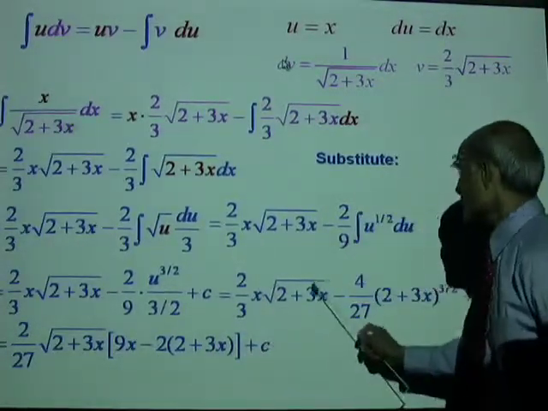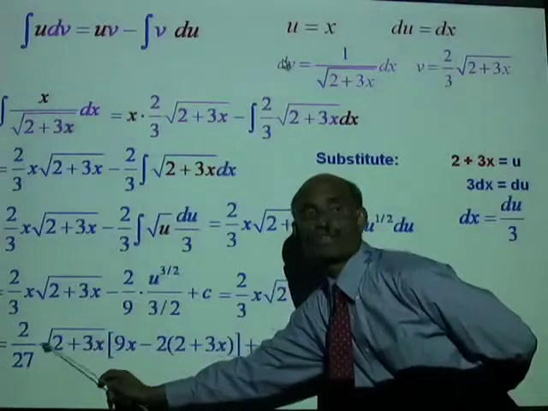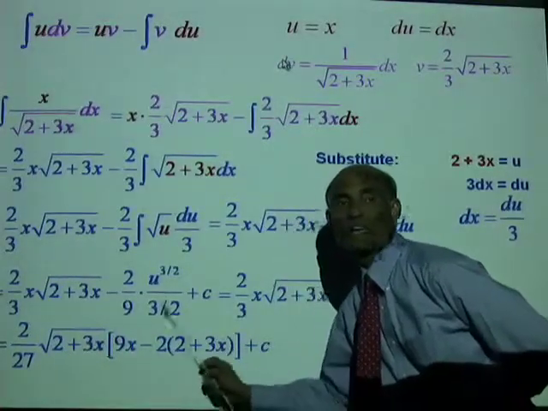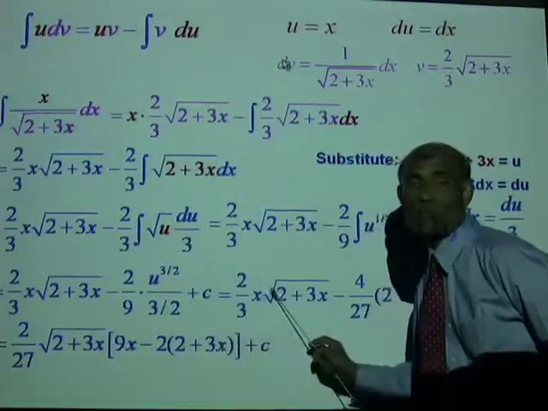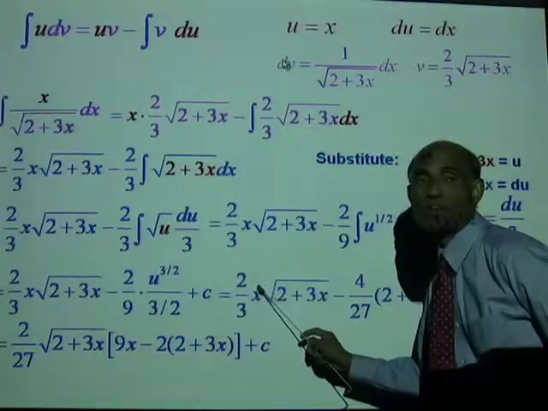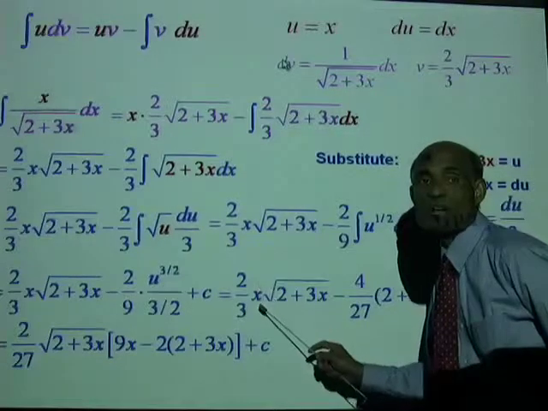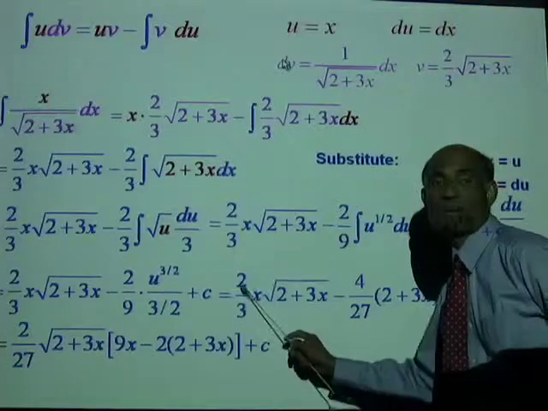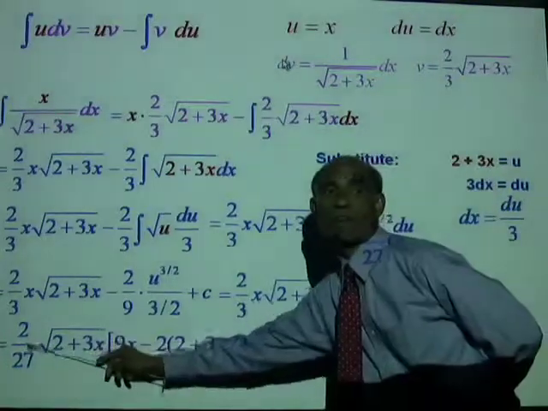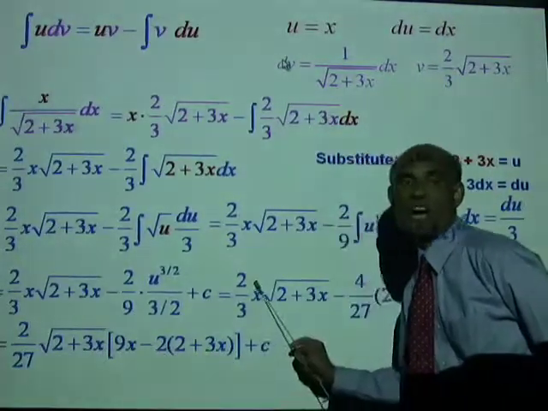So after factoring out 2 over 27 square root 2 plus 3x, what is left in here is a 9x. I want you to understand that. What I did is multiply numerator by 9, denominator by 9 to produce a 27. And 2 over 27 came out, leaving a 9x.